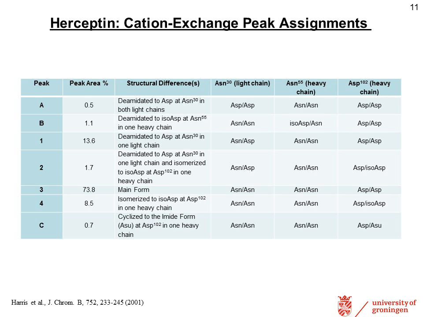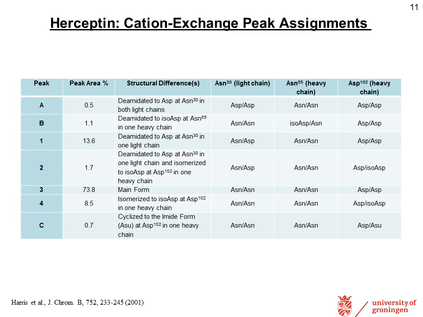If we look at form 1, which represents 13.6%, then we see, as already pointed out, it's deamidated on one of the two light chains from an asparagine to aspartic acid. So these two forms together make up about 87% of the total protein.